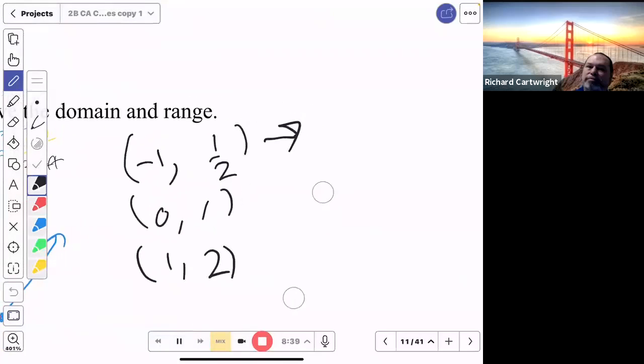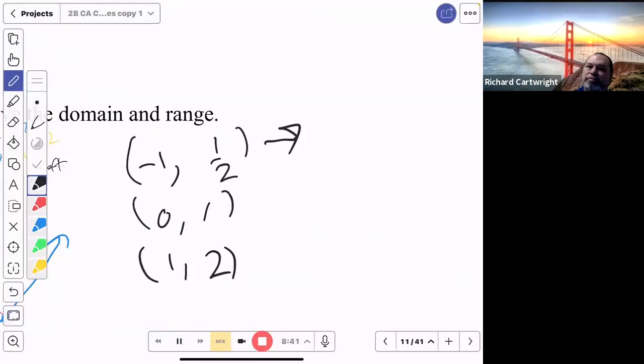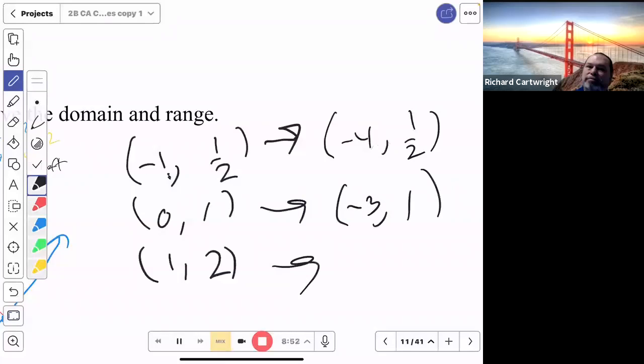That meant x has changed; the y's didn't change. So if I take away 3, that's really a -4, 1/2. That became a -3, 1. And that became 1 minus 3, which is -2, so -2, 2. Those are my new points.